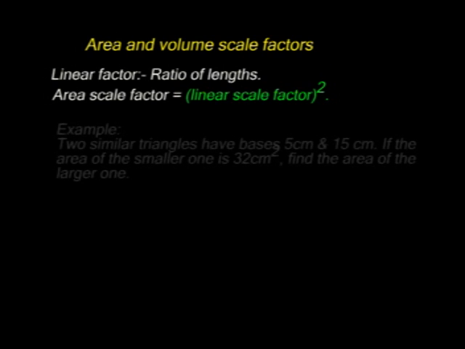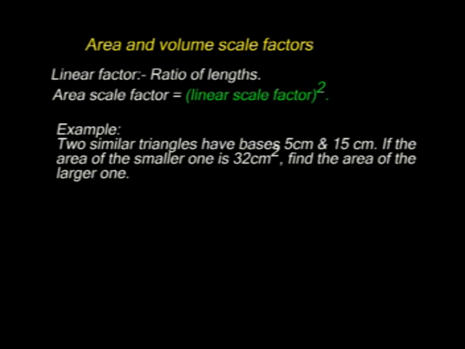For example, two triangles are similar with bases 5 centimeters and 15 centimeters. If the area of the smaller one is 32 centimeters squared, find the area of the larger one. Now in the solution, from the length we can get the linear scale factor, that is 15/5, which gives us 3.